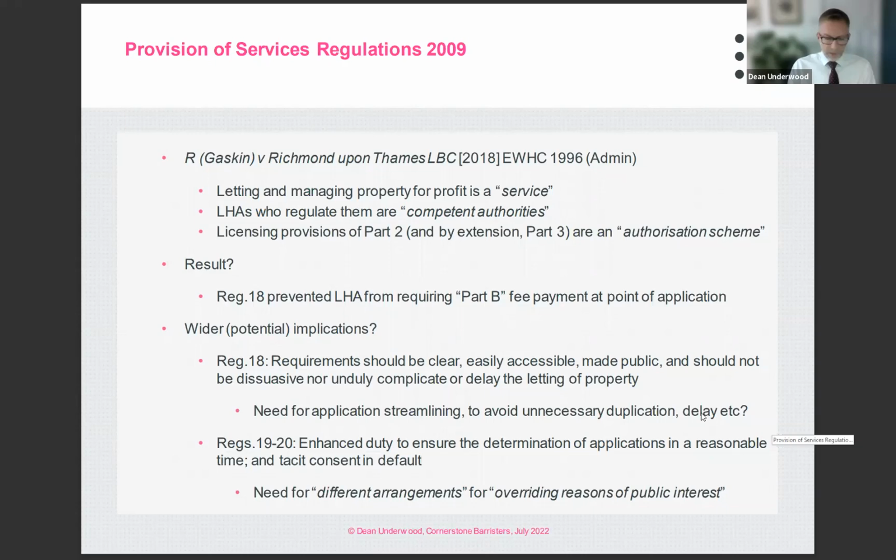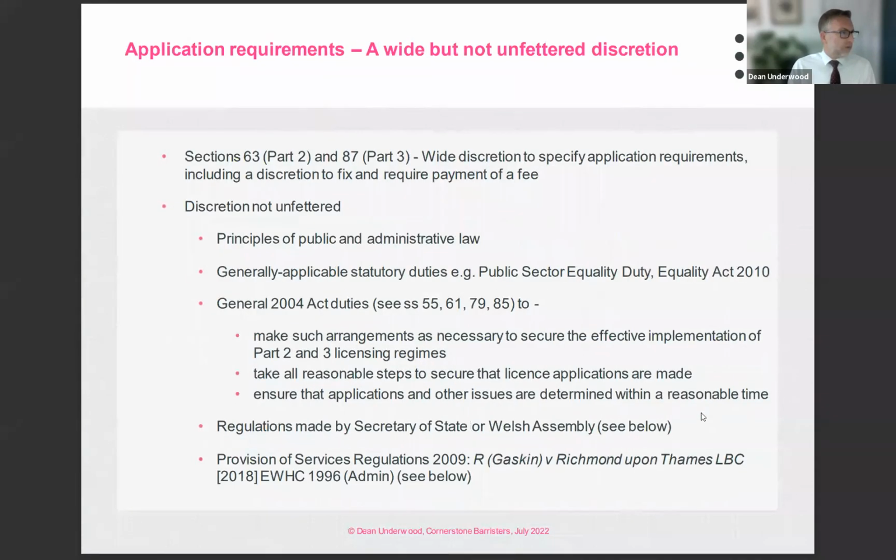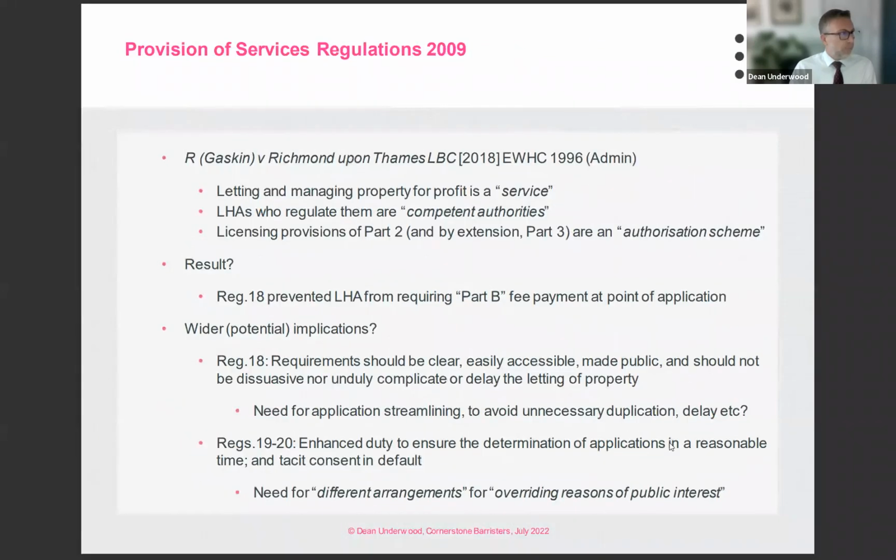Now, you'll recall, if I flick back to the previous slides, that one of the general duties under the 2004 Act on local housing authorities is to ensure that applications and other issues under the 2004 Act are determined within a reasonable time. As I say, Regulation 19, assuming it applies, arguably extends that duty further. And I'm going to read out for you the relevant parts of Regulation 19 to put you in the picture and to give you some context.